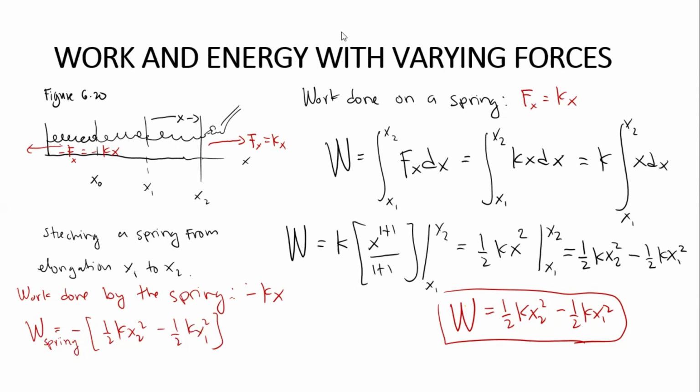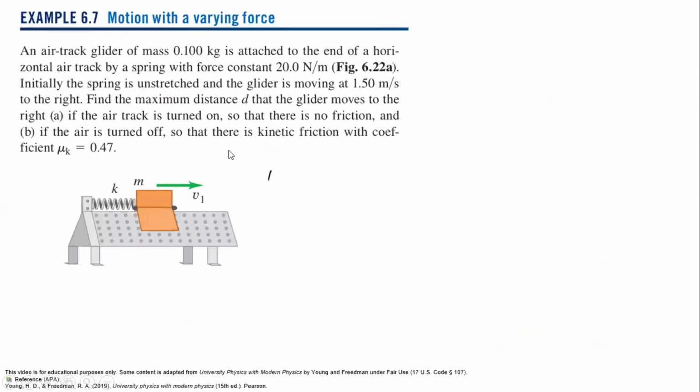Let's apply this to a problem. We have an air track glider of mass 0.1 kilogram attached to the end of a horizontal air track by a spring with force constant 20 newtons per meter.